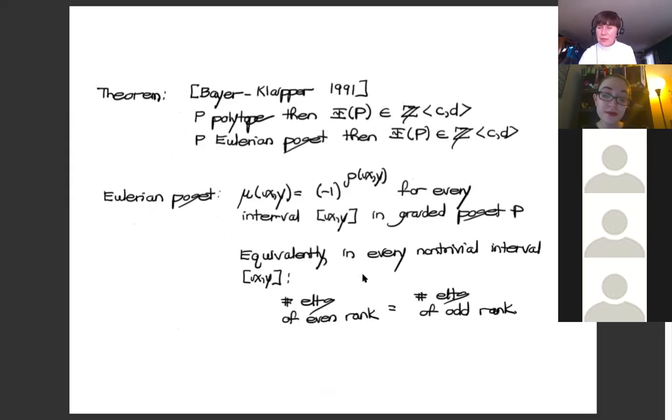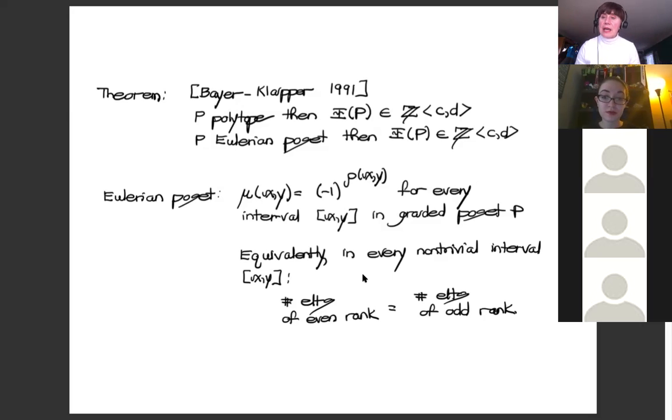So the question is, when do we have a CD index? When can we take this AB index information, the flag vector information, and write it this way? It turns out for any polytope, you can always do this. And there's a more general setting called an Eulerian poset. Again, a partially ordered set: you can take the faces of your polytope and order them by inclusion, and it gives you an object called a poset.